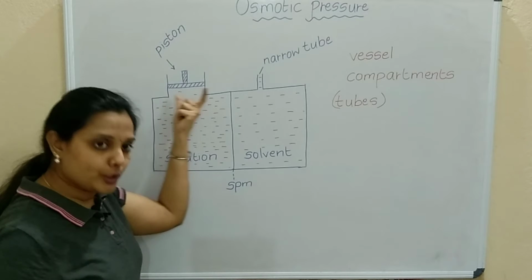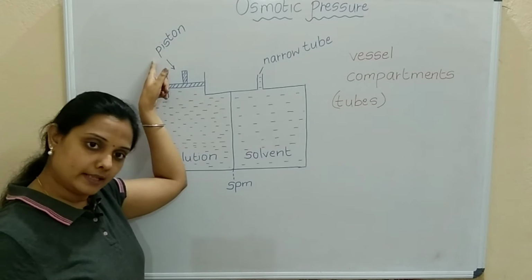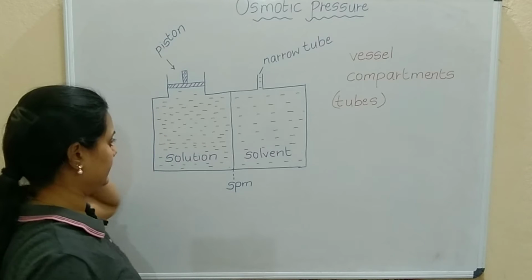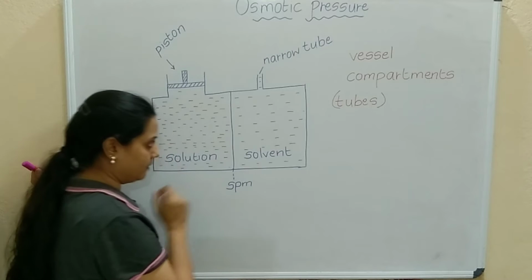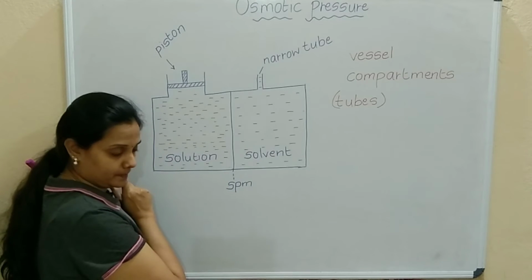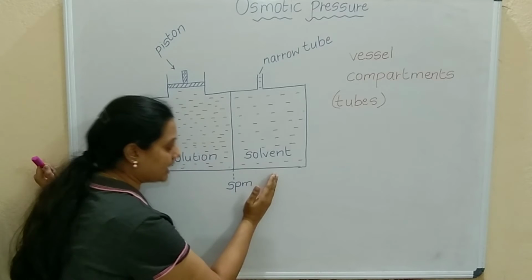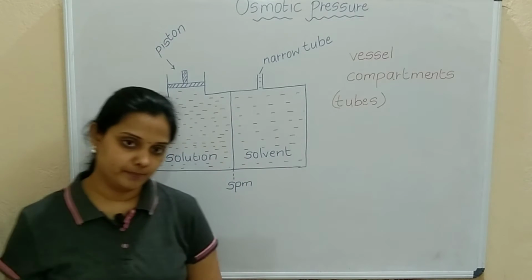And the wider tube is provided with a piston, correct? Frictionless piston. Now in one of the compartments we are filling it with solvent, here we are filling it with a solution. And both the compartments are separated by a semi-permeable membrane.